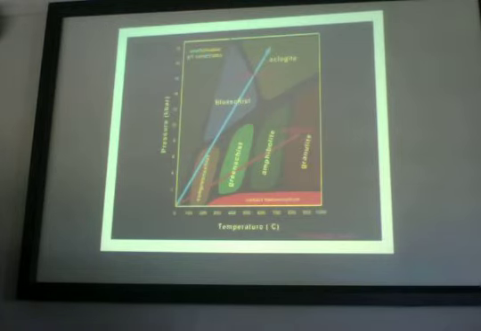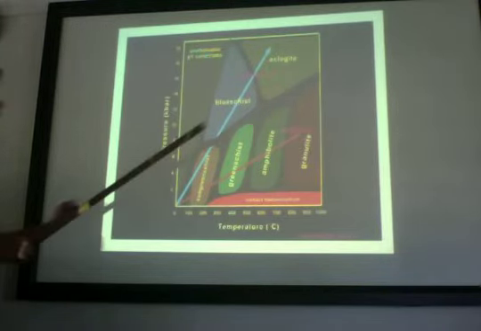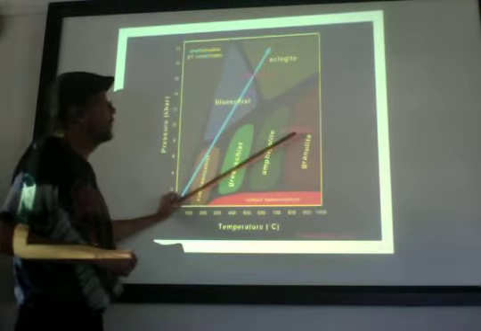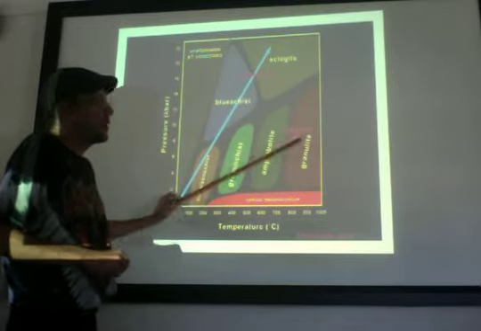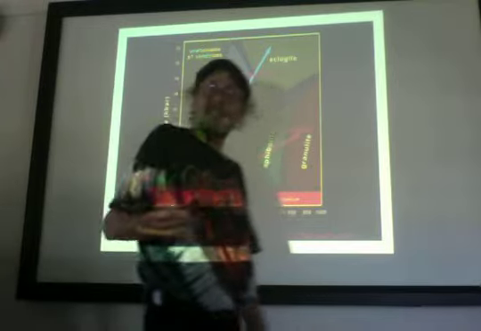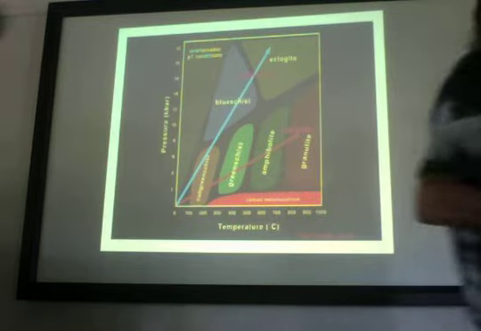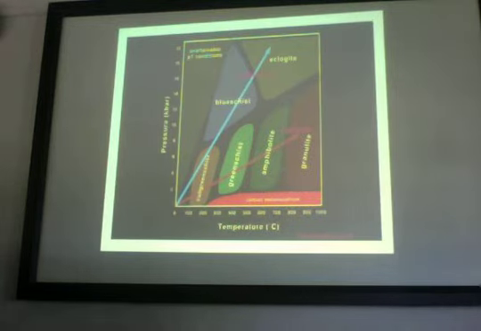At this arrow, or this PT path here, that is typical for a collision. At this collision, that is, as I just told you before, the collision of two continents, or of continent fragments. That is the situation like in the Alps, or the situation like in the Himalaya.